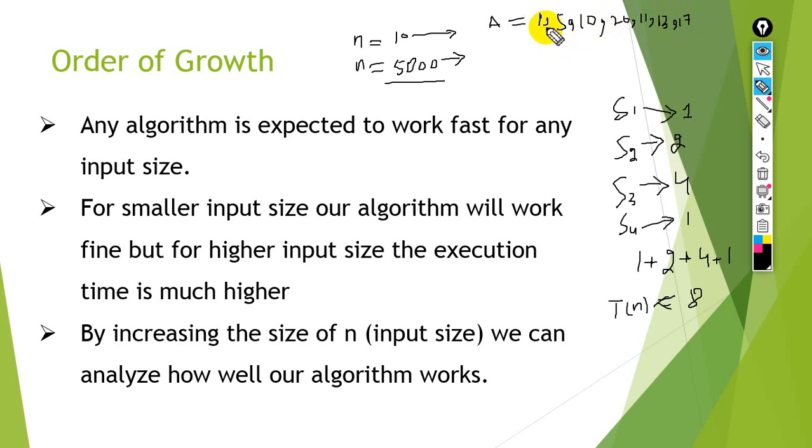Let me check: 1 2 3 4 5 6 7. So this is an array of size 10, and these are the 10 elements.